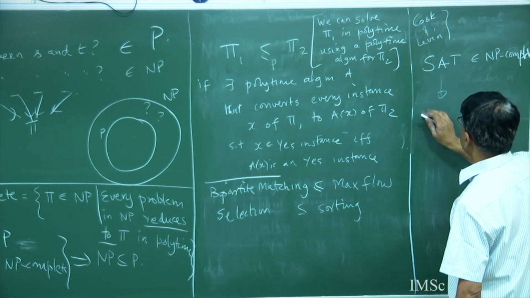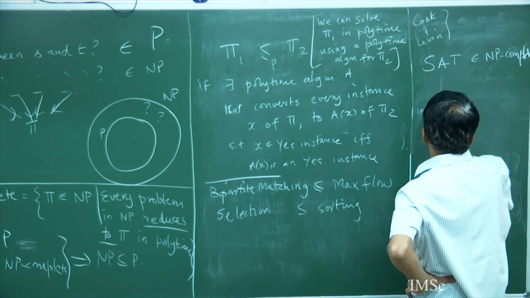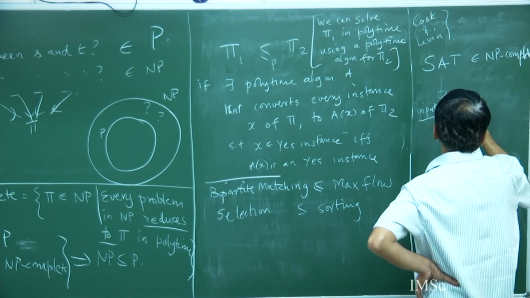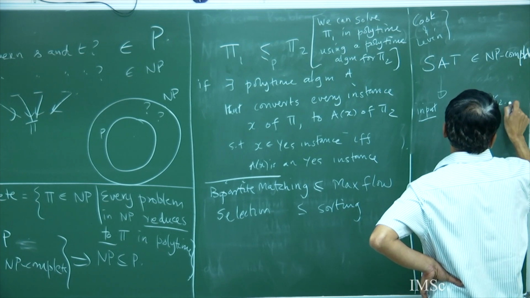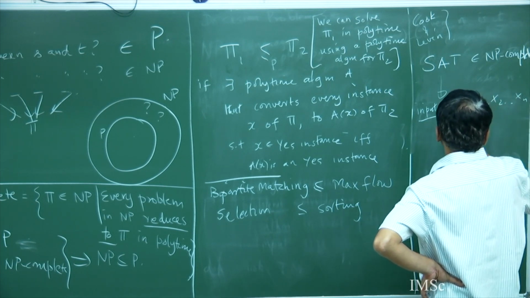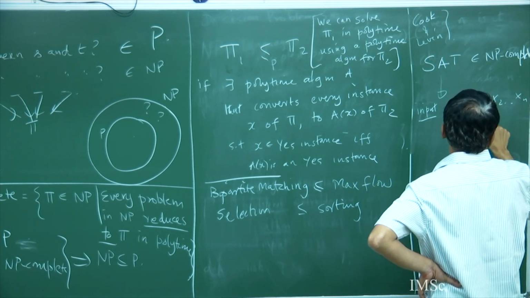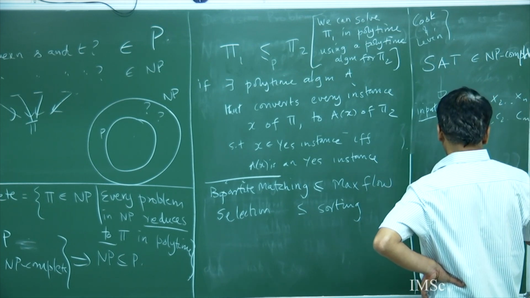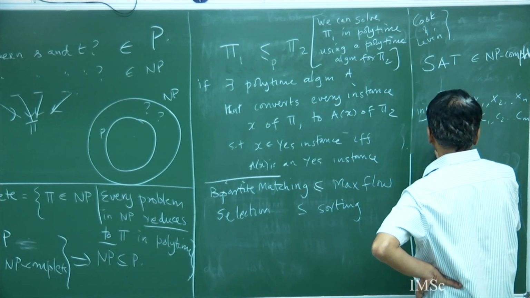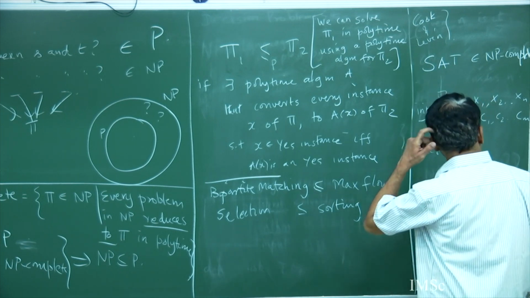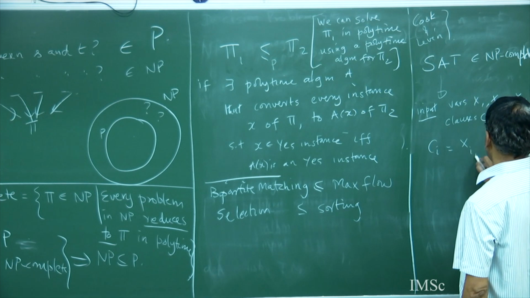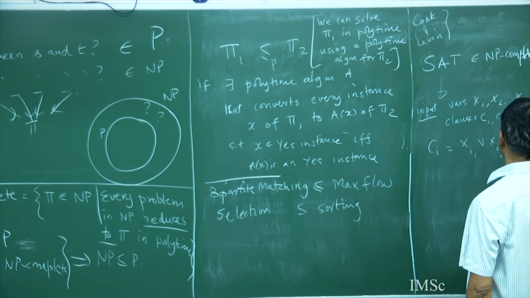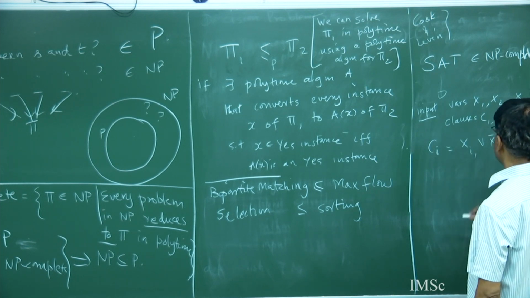So, what is a SAT problem? Your input has some n variables and clauses. A clause Ci is an OR of something, right? Xi1 or Xi2, maybe some of them are negations.